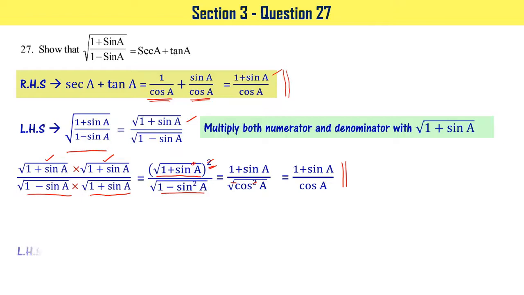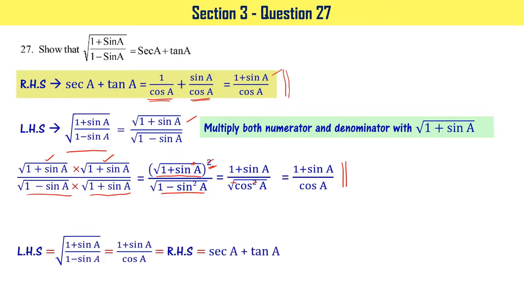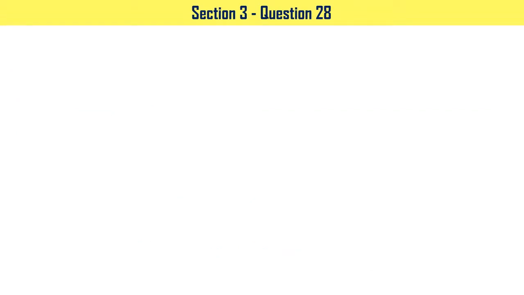Now I can say that LHS is equal to RHS, that is 1 plus sin A divided by cos A, right? It means I can say that sec A plus tan A equal to square root of 1 plus sin A divided by 1 minus sin A, right? This is what we are asked to show. Let's go to the next question. This is the last question of this particular section.